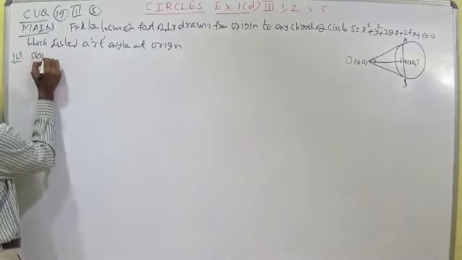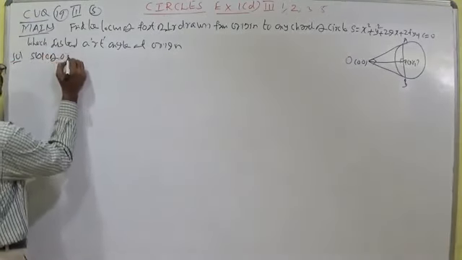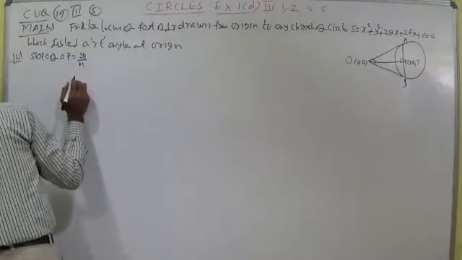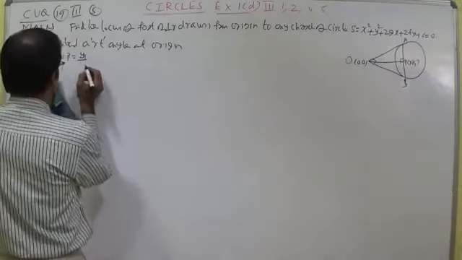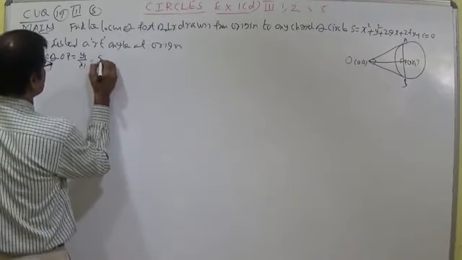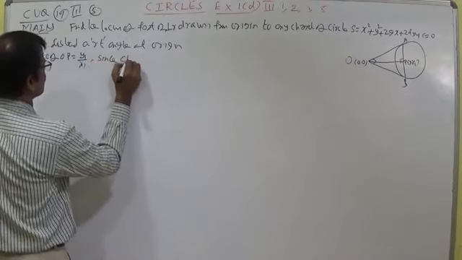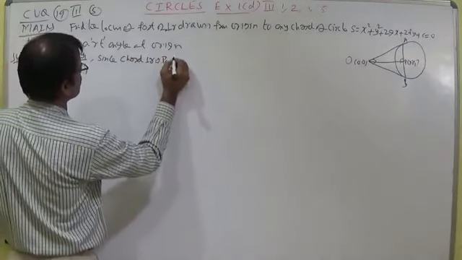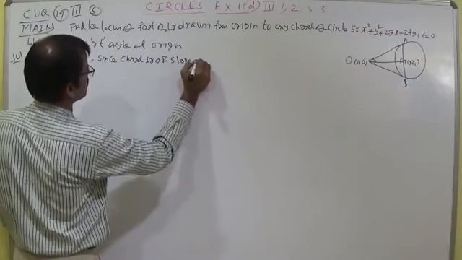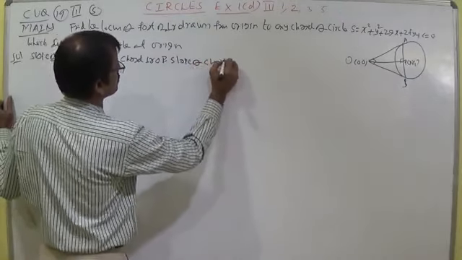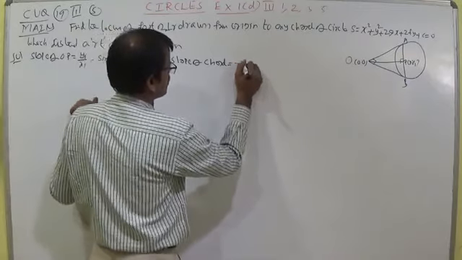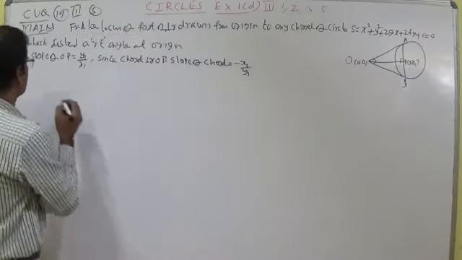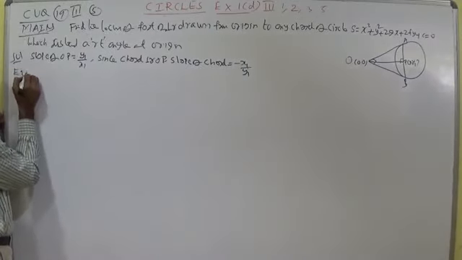Slope of OP, right? Slope of OP is equal to y1 by x1. Since chord is perpendicular to OP, slope of chord is equal to minus x1 by y1. Now we can write the equation of chord.